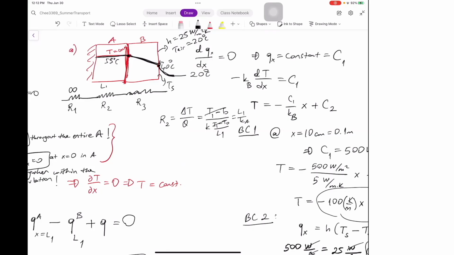So this is L1 over Ka, and this comes out to be L2 over Kb. Although this has finite resistance, if you sum the two, this has infinite. So to the left-hand side, you have infinite resistance. So that's why the heat coming from the resistor prefers to go towards the right-hand side. Okay, that's the sketch of the thermal circuit representation.